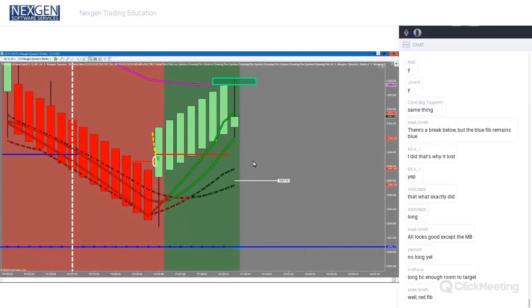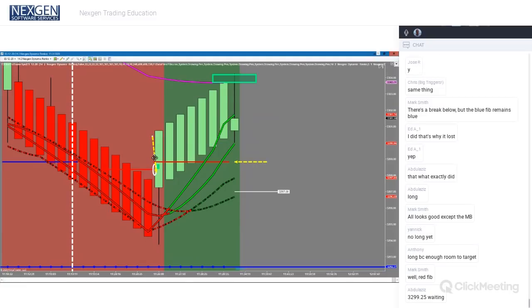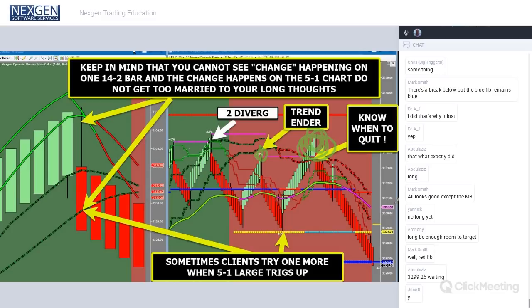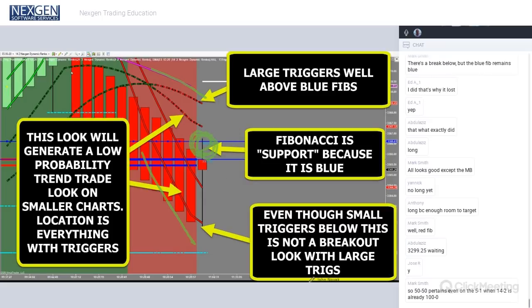And then we have this area. We basically have a straddle. We have some triggers below it, some triggers above it, right? So this is kind of what we call our 50-50 look. Some are above, some are below. I'll show you the look again so you can see it in reverse. Some are below, some are above. So it's a 50-50 long or short. Yes?